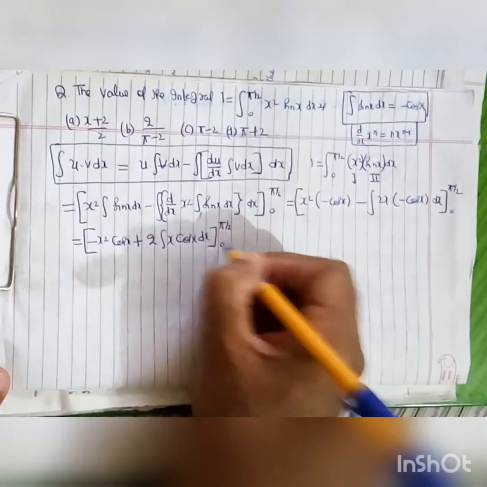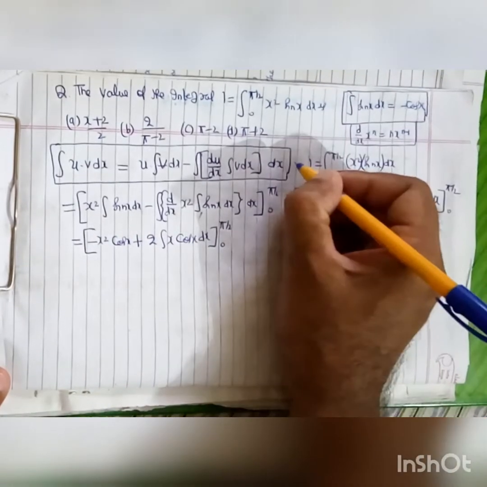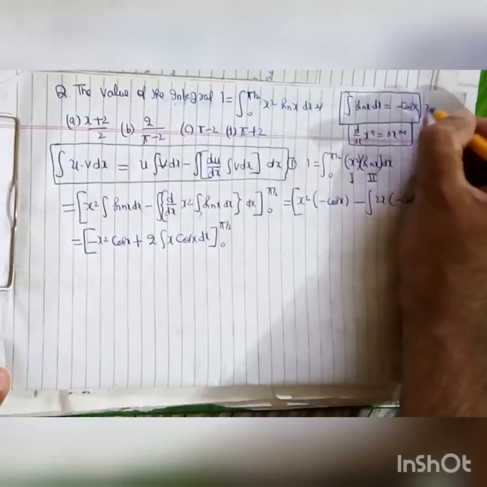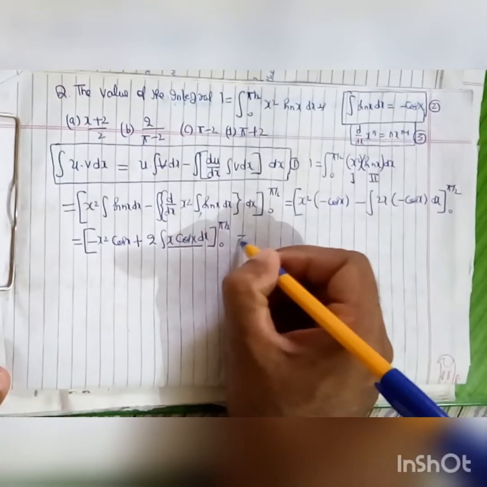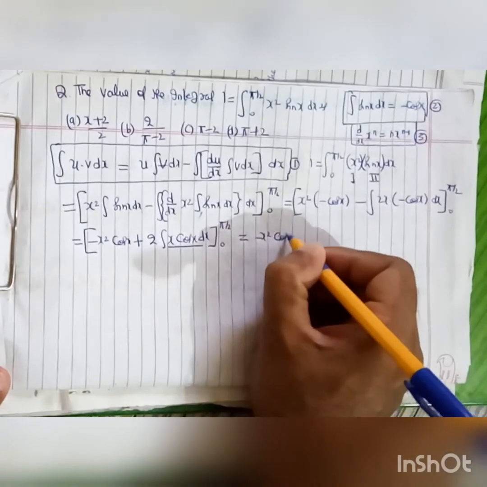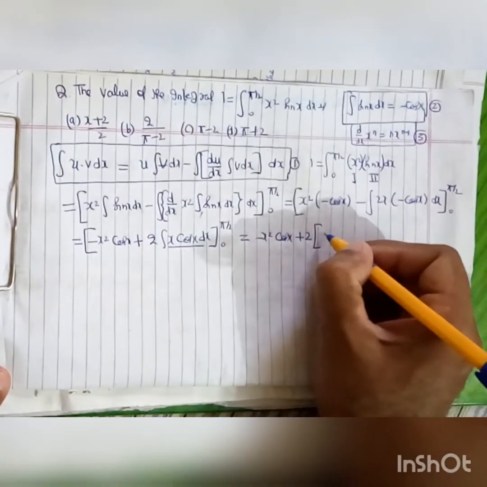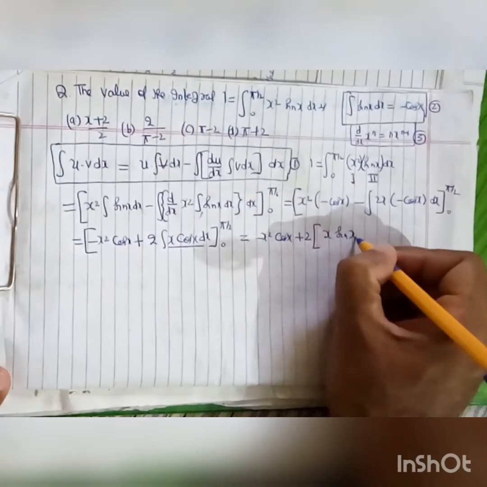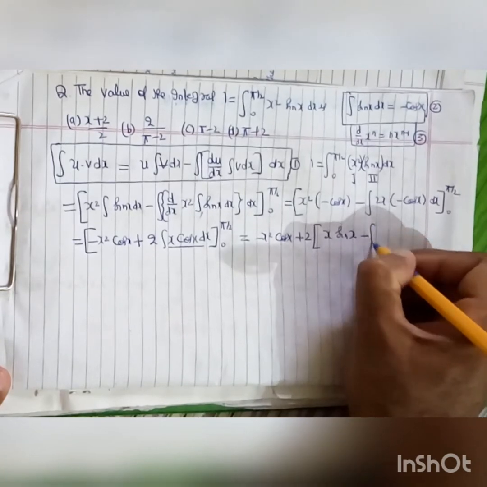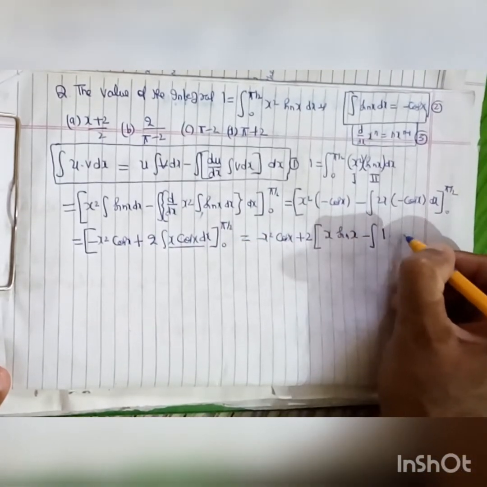We will use the integration by parts formula, formula 1, again here. So it will be minus x square cos x plus 2. Now applying this formula 1, it will be first function into integration of second, minus integration of differentiation of first into integration of second.